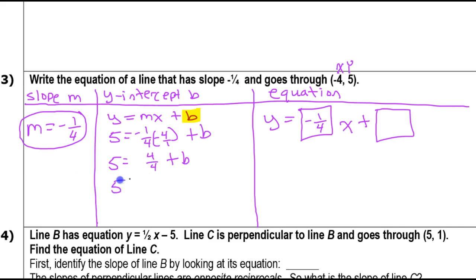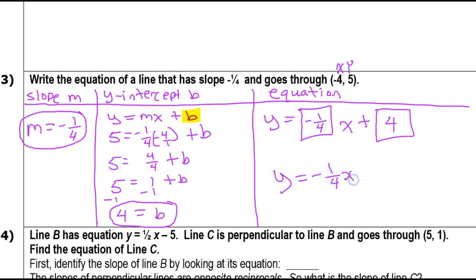And so that means I have 5 is equal to 1 plus b. Subtracting 1 from both sides, that gives me 4 is equal to b. So b is 4. So I can go ahead and put 4 in my equation. So that means my answer is simply y is equal to negative 1/4 x plus 4. All right, that's the answer for number 3.